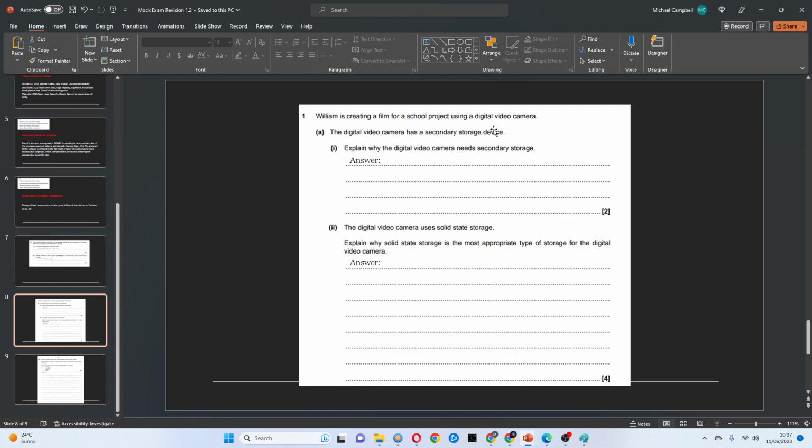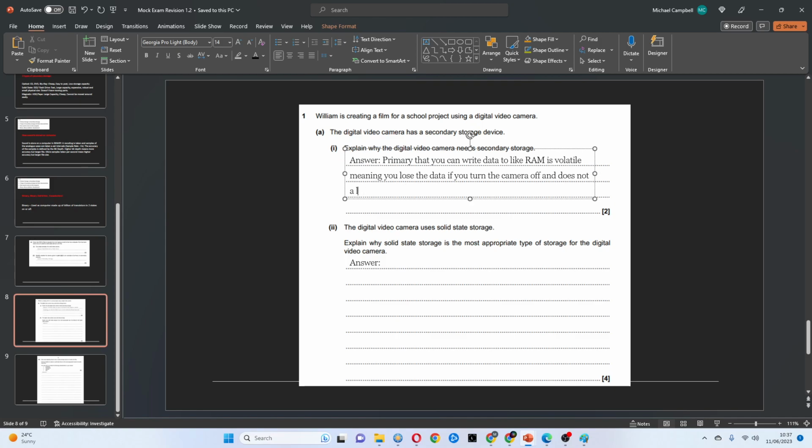Digital video camera has secondary storage. William is creating a film for school. Answer why a digital video camera needs secondary storage. Primary storage that you can write data to, like RAM, is volatile, meaning you lose the data if you turn the camera off, and does not have a large enough capacity for lots of films.